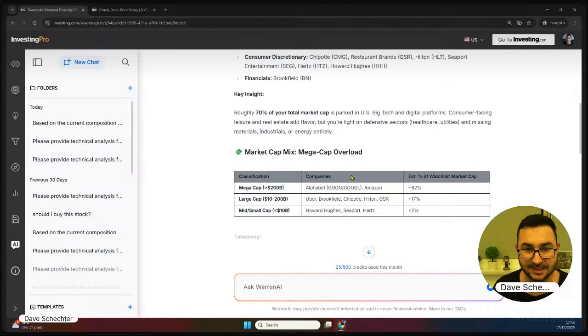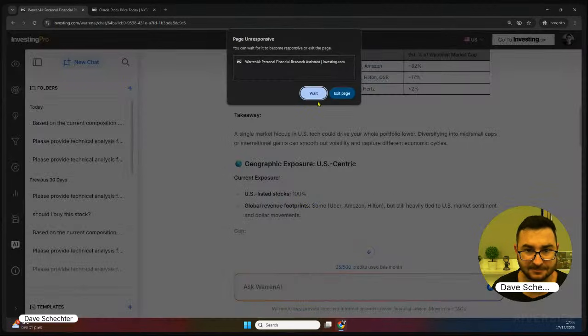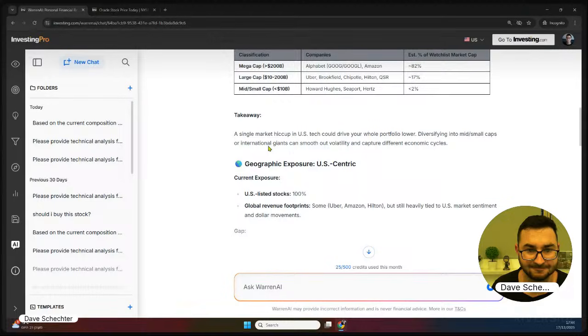Here are some of the key insights. 70% of your total market cap is parked in US big tech. So some of the takeaways are that a single market hiccup could drive the whole portfolio lower. I apologize.